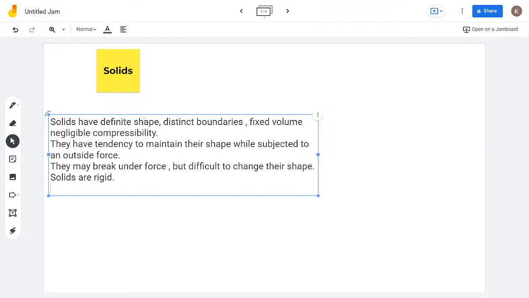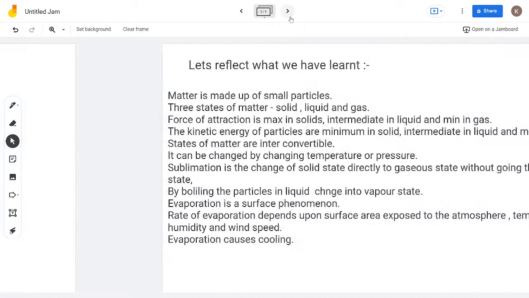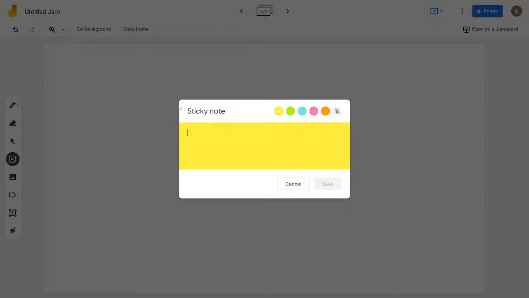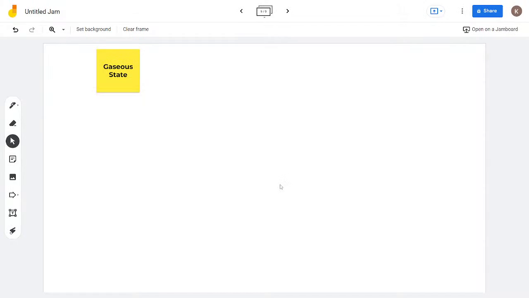All right. Now let's talk about the gaseous state. Talking about the gaseous state, the first example in my mind is a balloon.